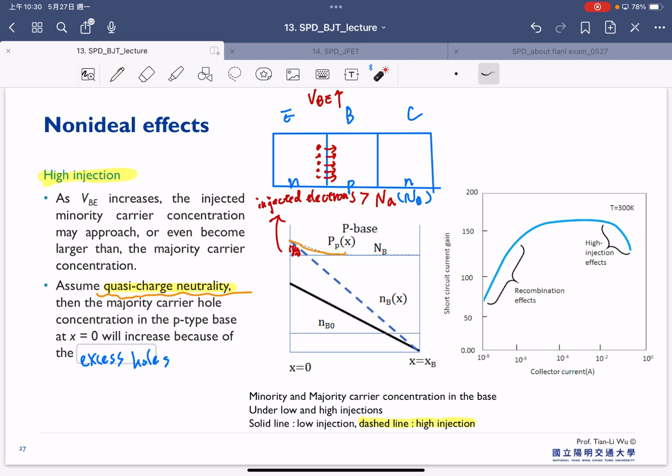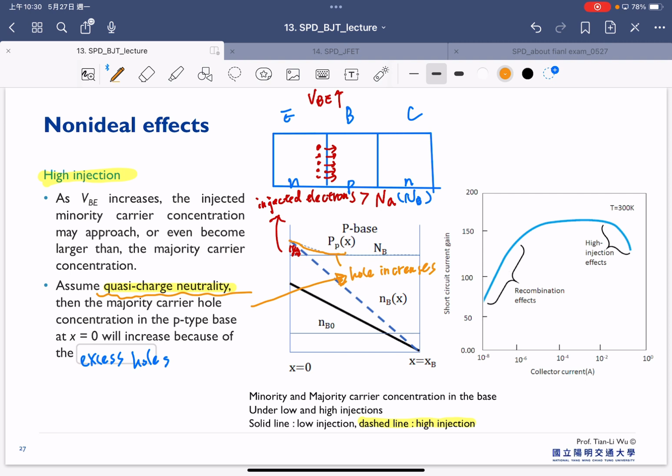So the original hole concentration is here, but because we still have to maintain the charge neutrality, the hole concentration will be increased as well. This is because of the quasi-charge neutrality here. In the end the system has to maintain the charge neutrality.